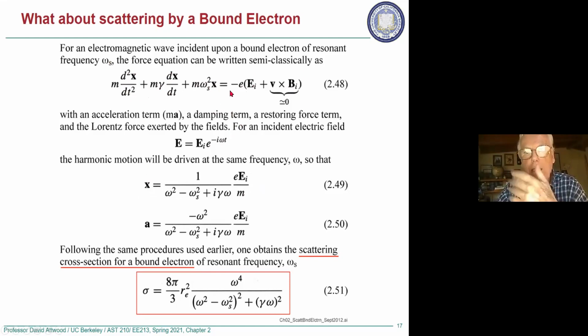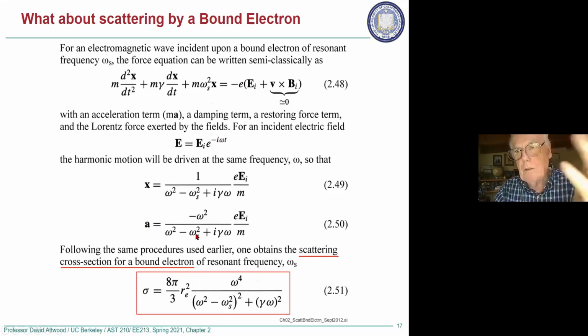The minus e divided through by all the m's, and this is the omega squared. This is the resonant frequency, and then there's the lossy term. If you take a second derivative of that, you're going to get a minus i omega squared, so minus omega squared. This is the acceleration of a single bound electron oscillating in an incident electromagnetic field, where that electron has a single resonant frequency.